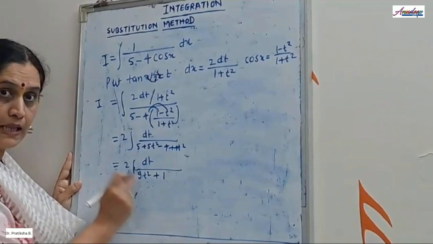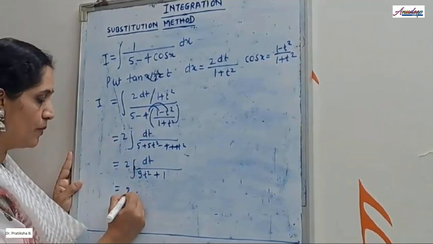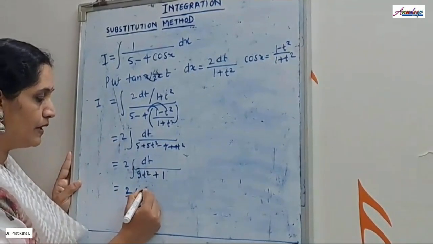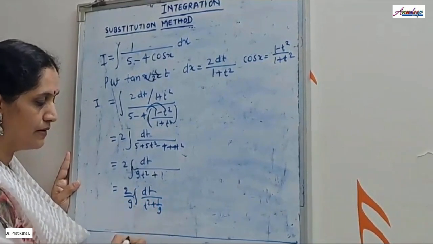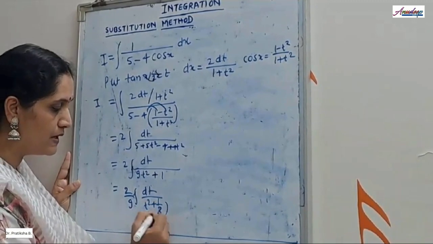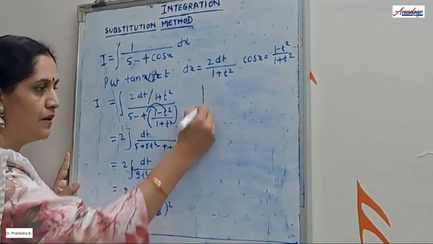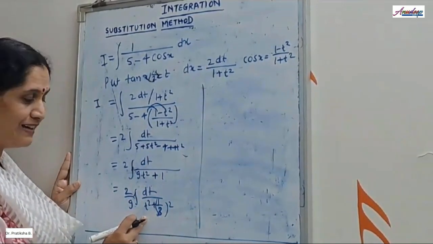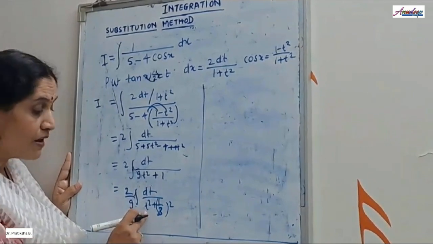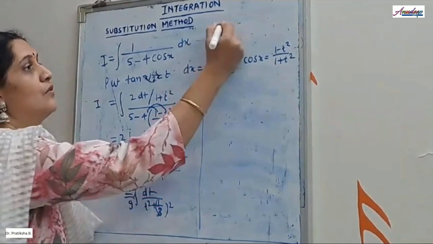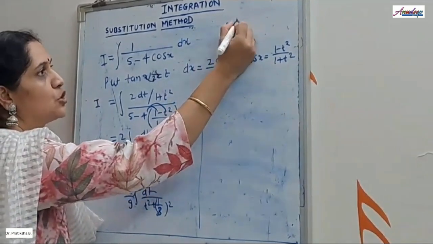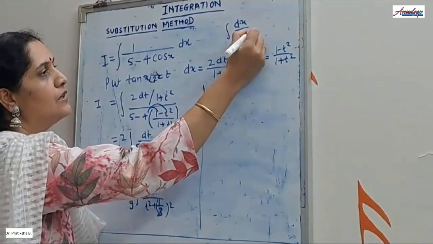Now again 9 I can take outside as a common factor from the denominator. So what I get is t square plus 1 upon 9, and I can write 1 upon 9 as (1 upon 3) the whole square. Now as you can guess correctly, yes, it is of the form dt upon x square plus a square. And what is the formula for integration of dx upon x square plus a square?